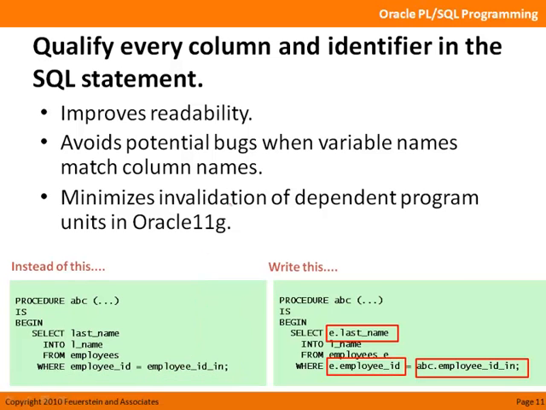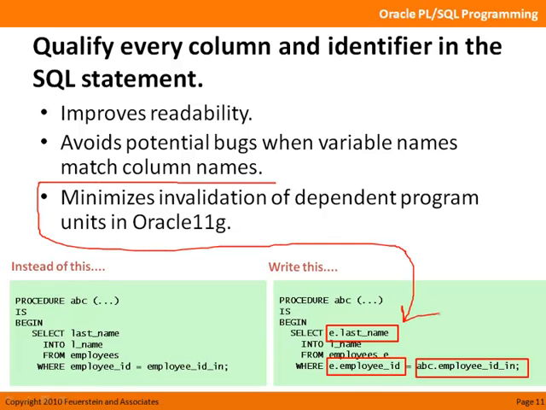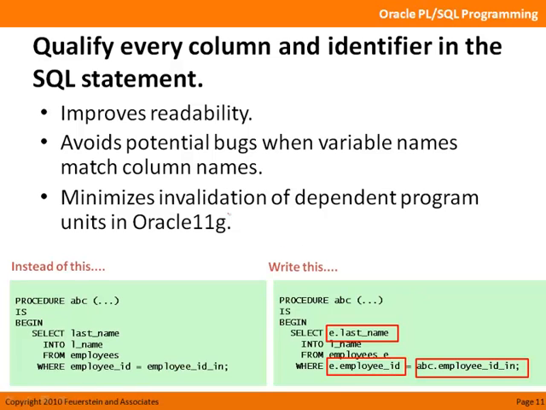And in addition, in Oracle 11g, by fully qualifying your references, and I'll show you what I'm talking about here in just a second, you minimize invalidations of dependent program units. Under the effective management of PL/SQL applications, another video series, I talk about fine-grained dependencies in 11g, in which Oracle will track dependencies down to the column of a table.